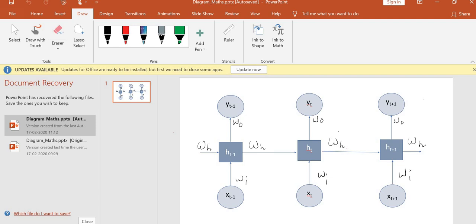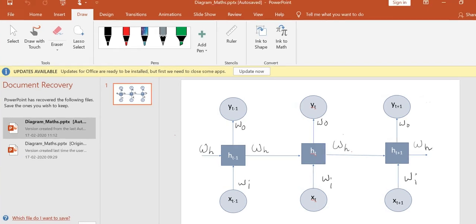This is the weighted sum towards the layer h(t). In the same way, you can write the equations for t-1 and t+1.